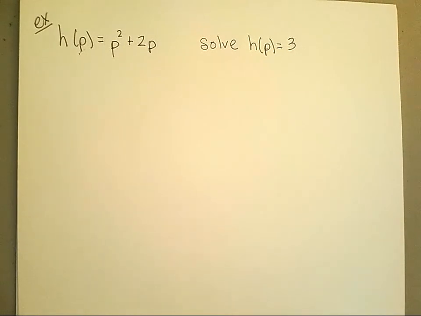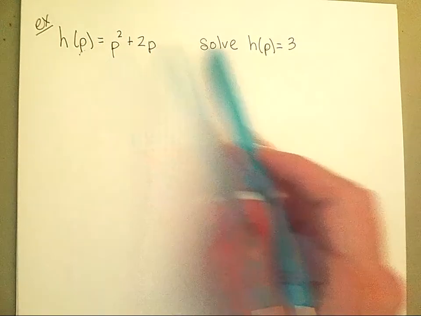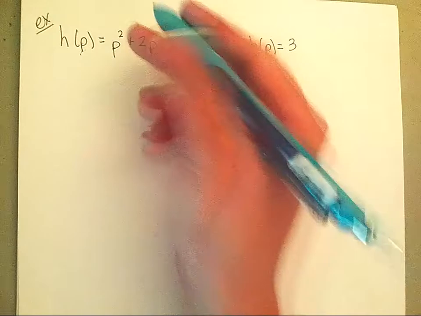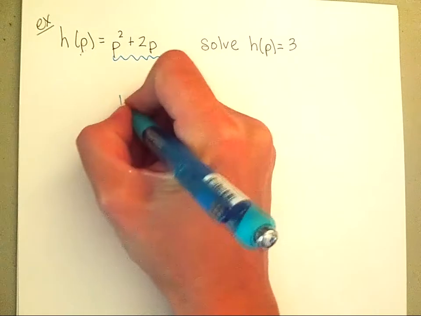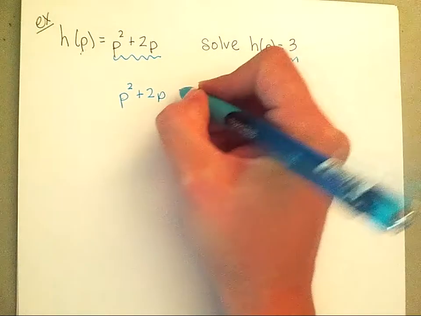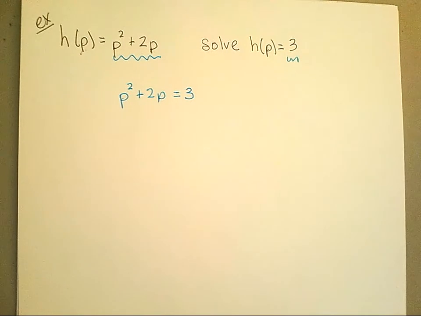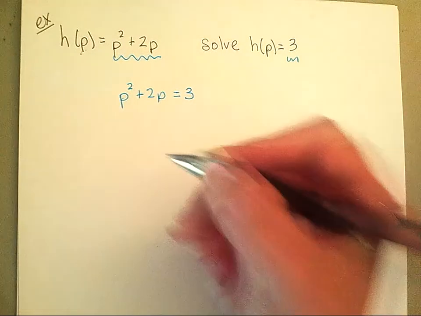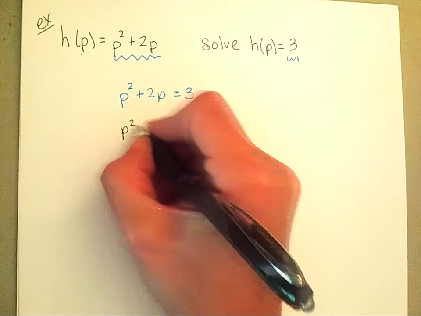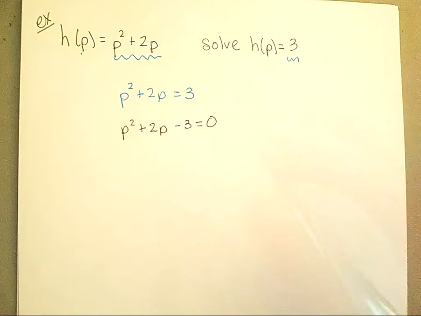So the important thing to note here is that if this is the function h of p, and we want to know where h of p equals 3, well, you just take that function and you set it equal to 3. And now this is just a simple quadratic that we can solve. This is p squared plus 2p minus 3 equals 0.